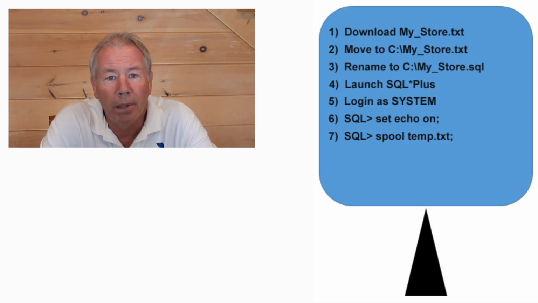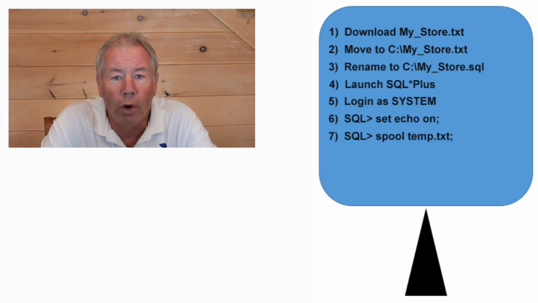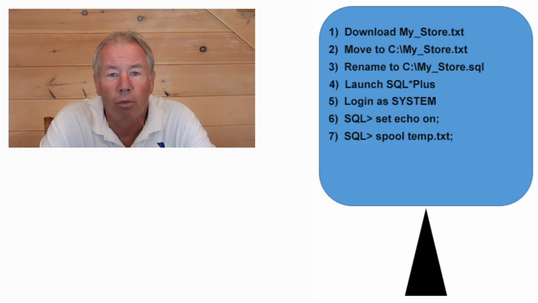Next, once you've completed that, I want you to type spool space temp.txt semicolon return. What that's going to do is take all the commands off the screen, screen scrape those into a file called temp.txt, and that's the file we're going to analyze after the running of this script to take a look at all the commands therein.